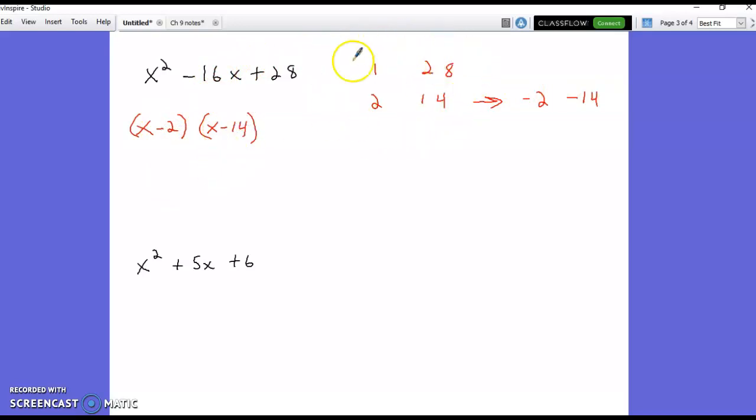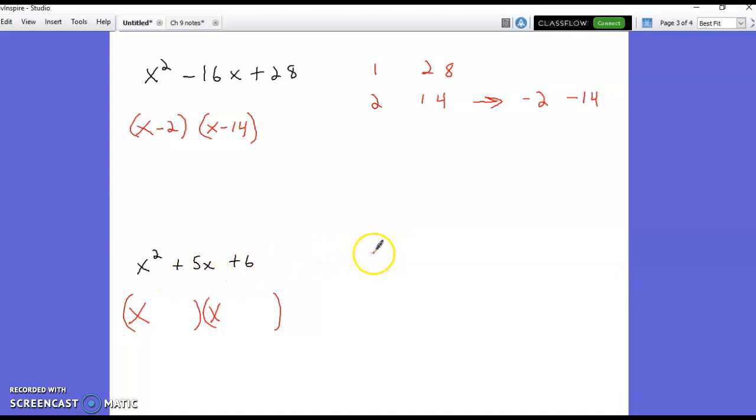So you can see here I didn't have to list out all of my factors of 28 because once I got to one I knew would add up to that and followed those rules, then I could go ahead and stop. Sometimes they're a little bit trickier than others, so it's always good to get in the habit of listing them all. So this next one, again, pause it, try it on your own, and see if you get the right answer.